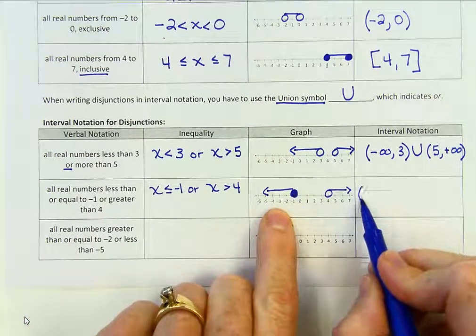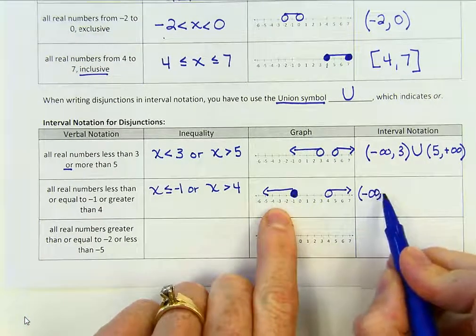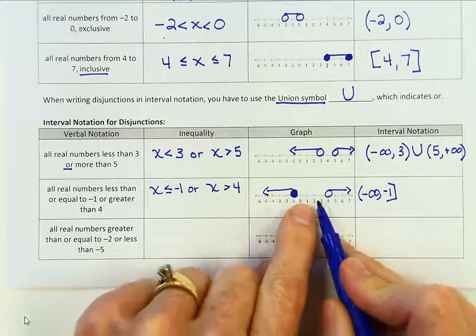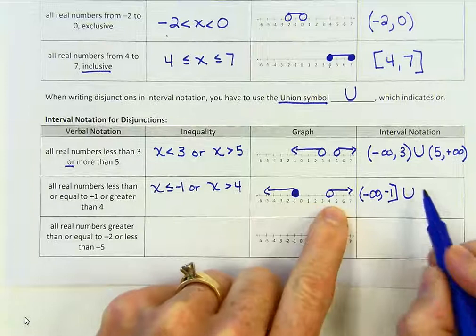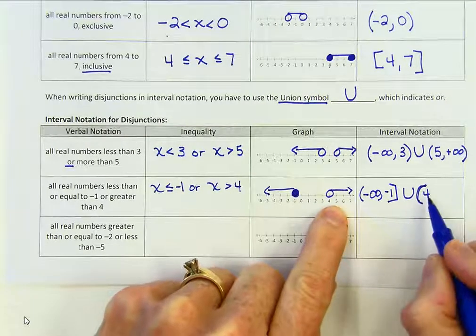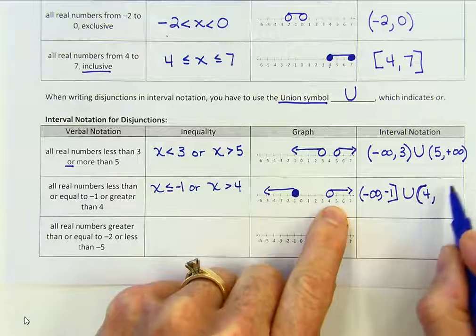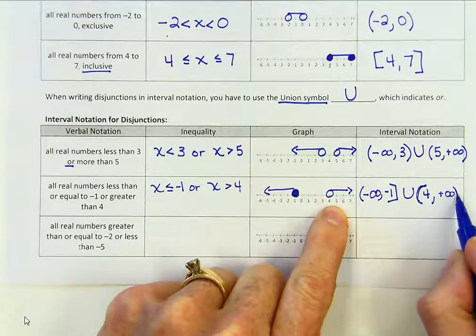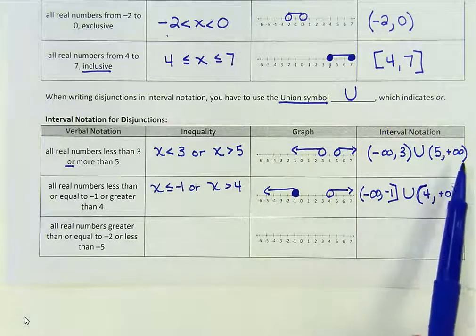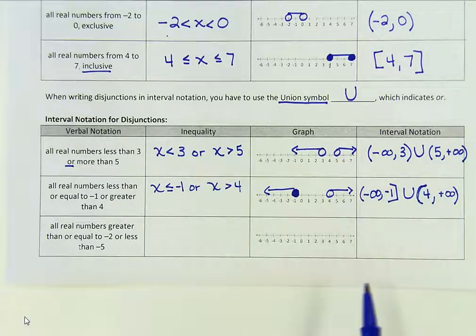This one is going to negative infinity up to negative 1 with a bracket because that is closed, or it's going from 4, so that's going to be a parenthesis, 4, comma, positive infinity. And remember, your infinity is never ever closed up. It's always that exclusive bracket.